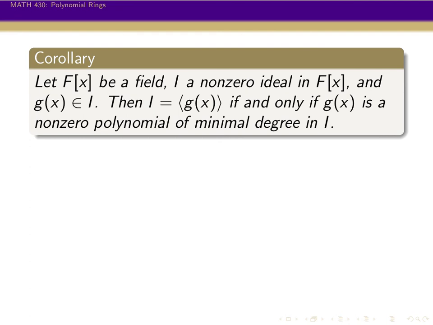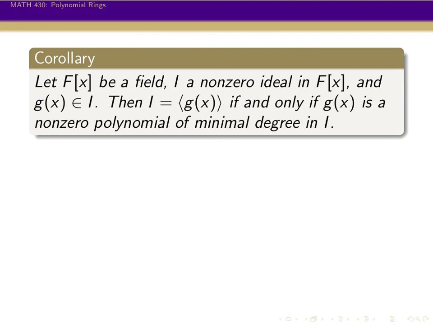And so even if there's multiple polynomials of minimal degree, each one of them can be written as a product of the other one. And since they have the same degree, they just differ by a constant.